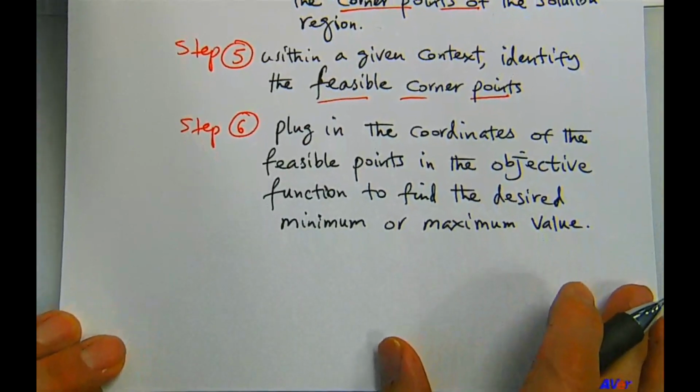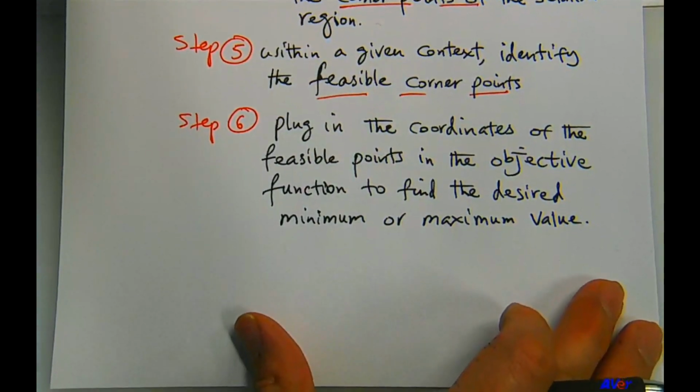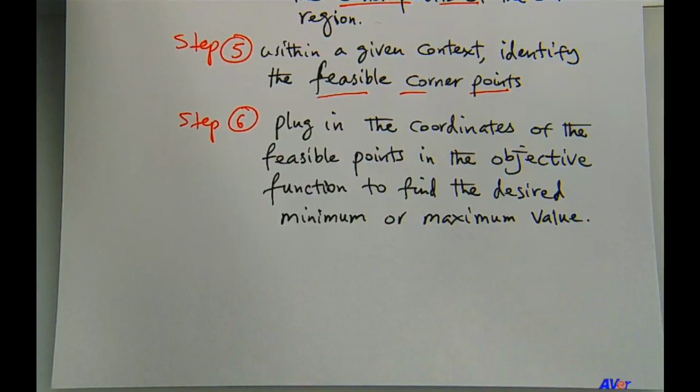Once we have the feasible corner points, simply plug them in to the objective function and see where the function has its minimum and where it has its maximum.